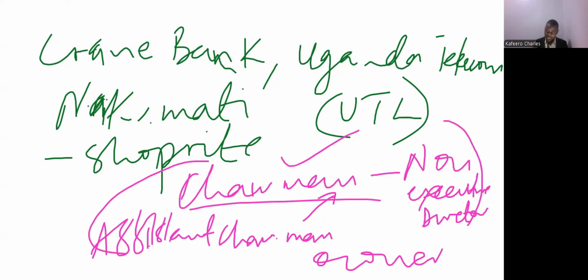So, under corporate governance principles, for instance, one of the principles is the fact that the chairperson of the board of directors... for you to understand this, you must be well equipped with the agency relationship.